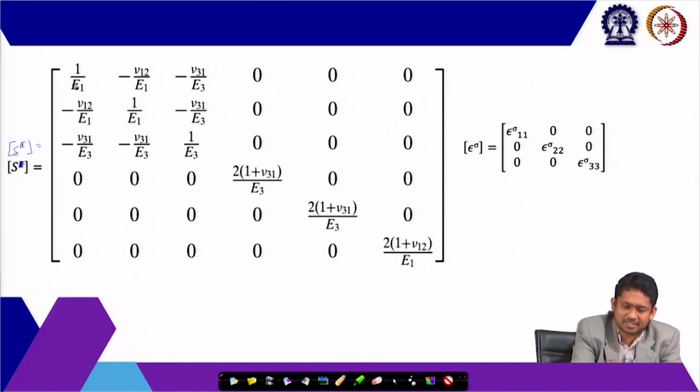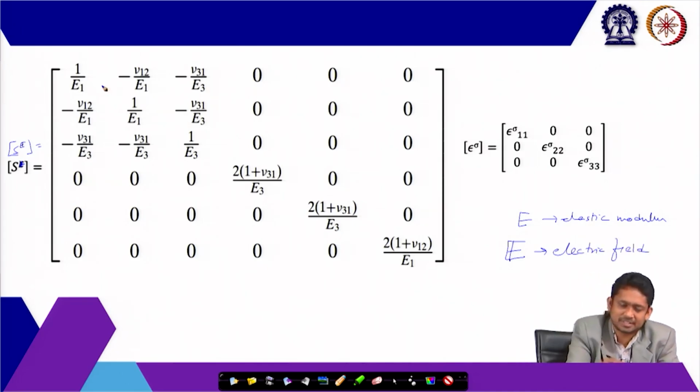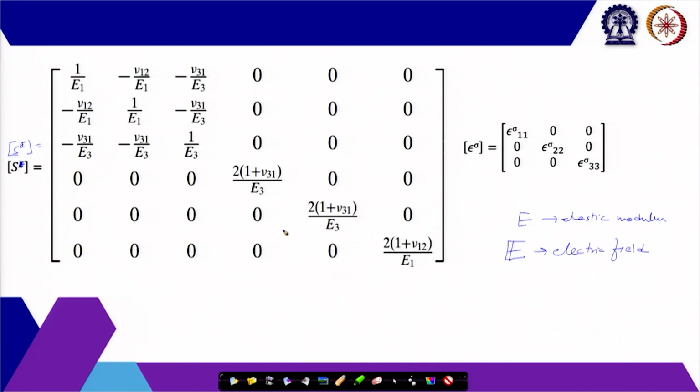So, these E's are the elastic modulus. So, we have now 2 E's, one E is for elastic modulus and a double stroke E for electric field. So, these E's inside this matrix are all elastic modulus, whereas this superscript E is considering the fact that in this constitutive relation the other state vector is electric field. So, that is why it is a double stroke E.